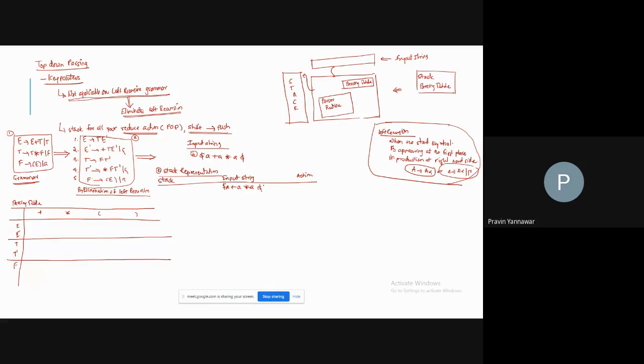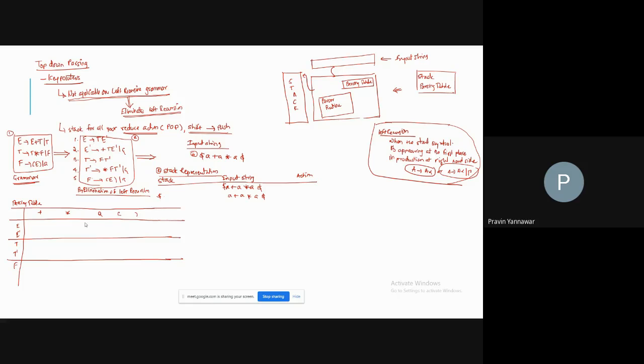Now what you need to understand is when you push, the top of the stack is going to be $, so what is left is a + a * a $. In this case you need to see how I can reach a. I will say this is a, this is the closing bracket, and this is the opening bracket.